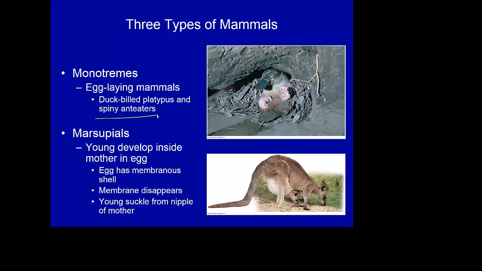So the egg actually hatches or splits open within mom, allowing this embryo to escape that egg very early on, and then the embryo, of course, crawls out and develops in this pouch on the outside of mom. And the joey, or the baby kangaroo, will spend a long time in that pouch, being protected by mom.